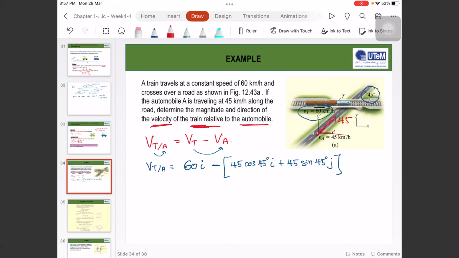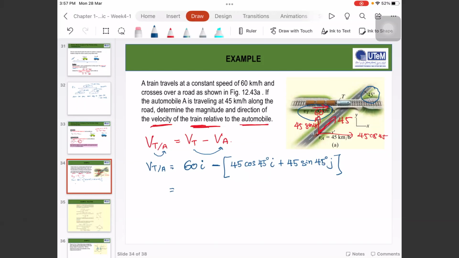So pecahkan ada 45, 45. Yang 60 ni satu arah, ini aja arah X direction. So solve lah macam biasa. Solve I plus I, J and J, jangan mix up.